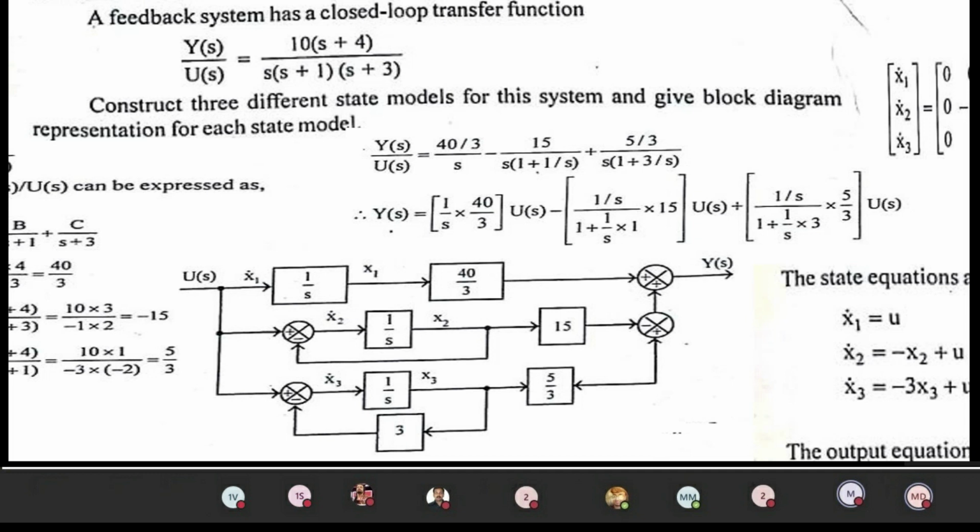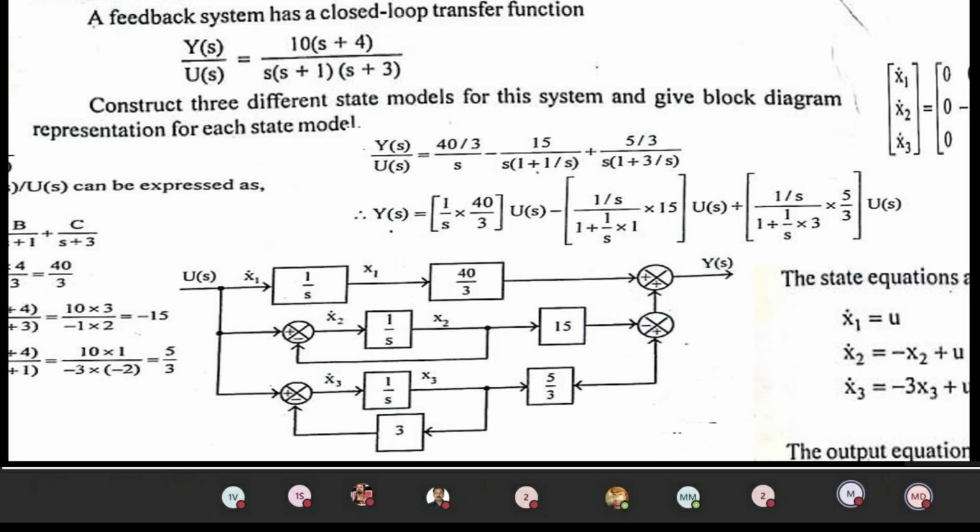So now you will be getting the A value, B value, and C value. Substitute that into y of s. That will be A is 40 divided by 3, whole divided by s, and the B value is minus 15, and similarly s into 1 plus 1 divided by s. Here the denominator has been going out, and if you take 3 outside, you will be getting the equation.